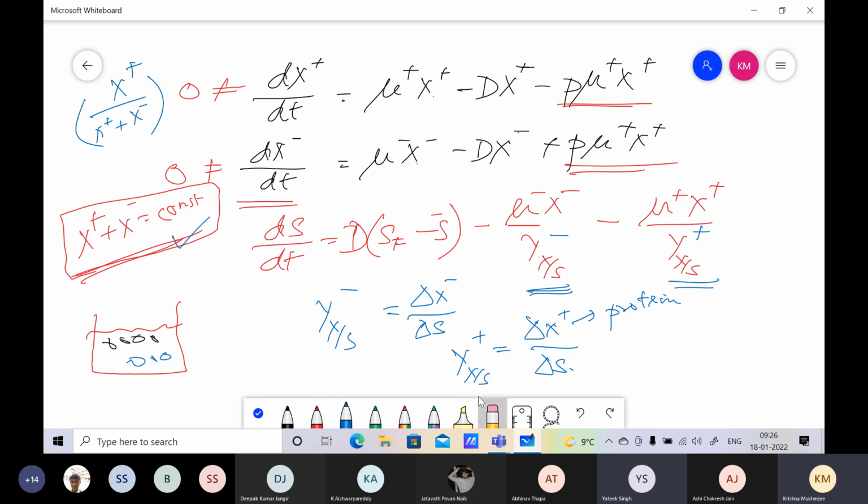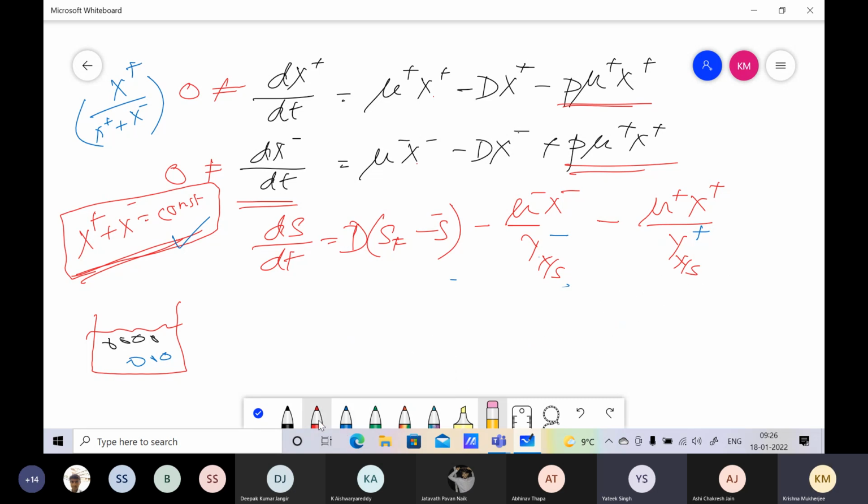So now, given this equation, we'll have to write this expression here, and then we will have to write the two kinetic expressions, which is mu plus is equal to mu m plus s upon Km plus s, and mu minus is equal to mu m minus s upon Km plus s.